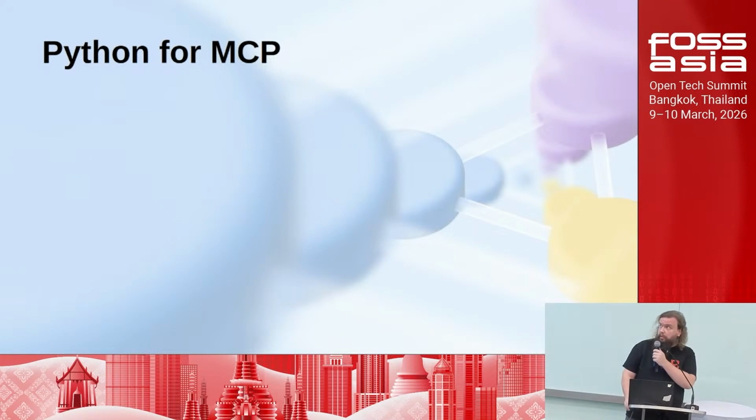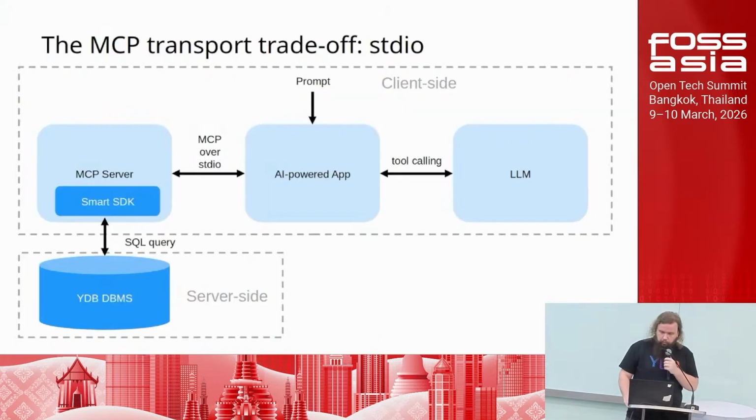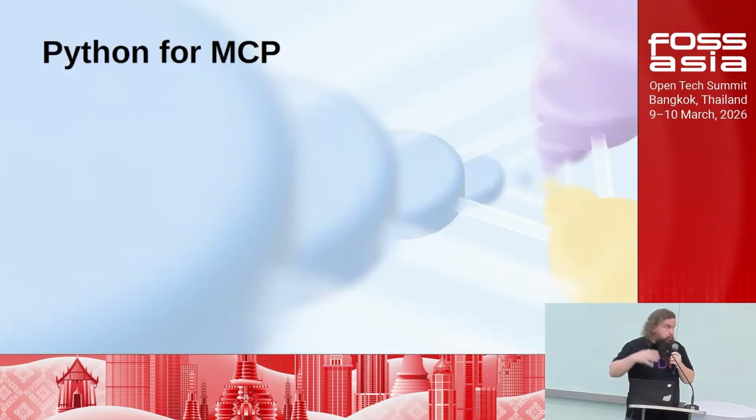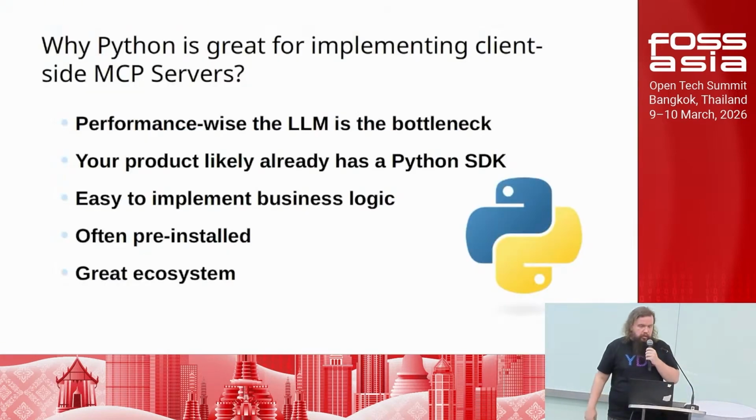Also, we ended up with this standard input, standard output case because it allowed it to be a separate application you can easily install together with your AI application or chat or whatever it is. And why did we choose Python? It's because it has a great ecosystem.